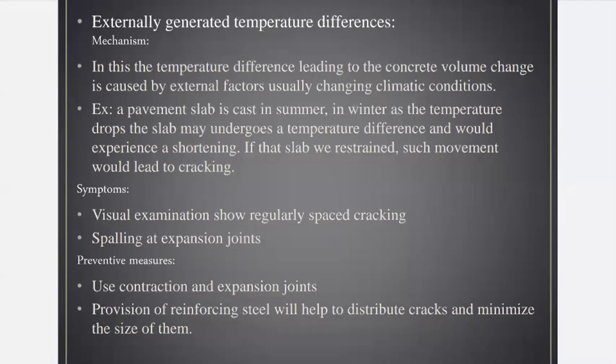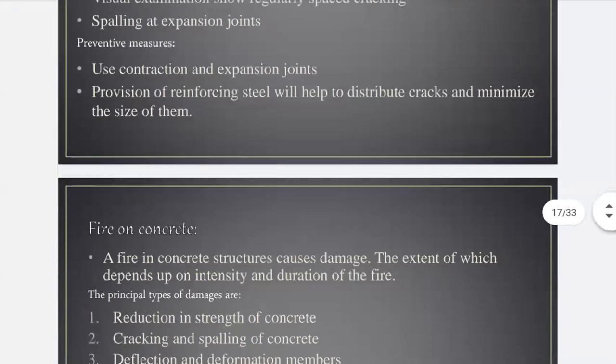Also, the spalling at the expansion joint. Spalling is nothing but bursting at the expansion joint. If you are finding some spalling between these two joints, then you can say these are nothing but externally generated cracks.